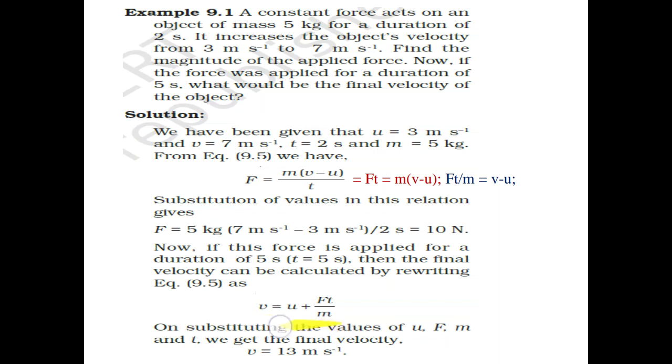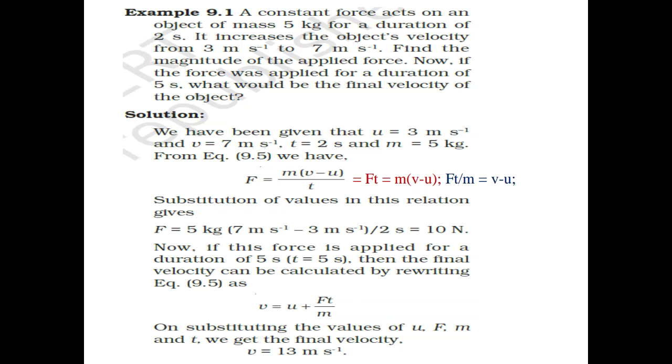How do we get this equation? We get this equation from F is equal to ma. This is the main point, students get confused in this formula. How do we get it? We will multiply t with F, so it is Ft equal to m(v minus u). Here we get this formula. Then we will bring m here, so it will be Ft by m, and we are left with v minus u.